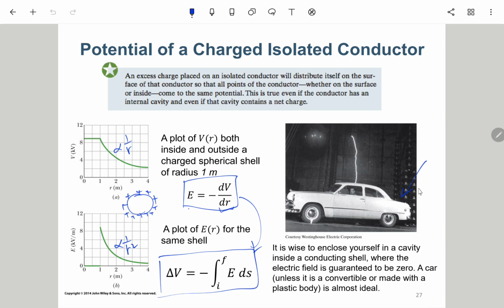So the person inside the car won't be harmed by the lightning. It is wise to enclose yourself in a cavity inside a conducting shell, where the electric field is guaranteed to be 0. A car, unless it is a convertible made with a plastic body, is almost ideal. So this person is safe. Sometimes we call this phenomenon the Faraday's cage.